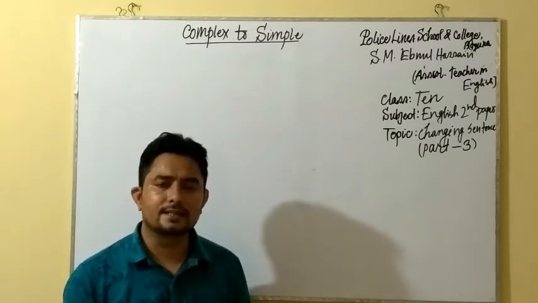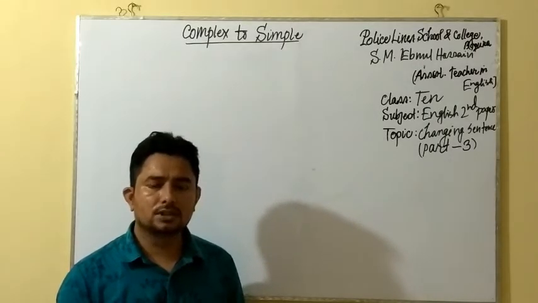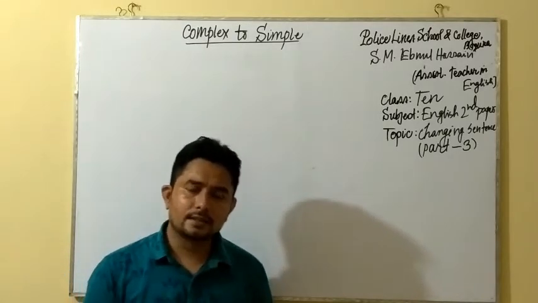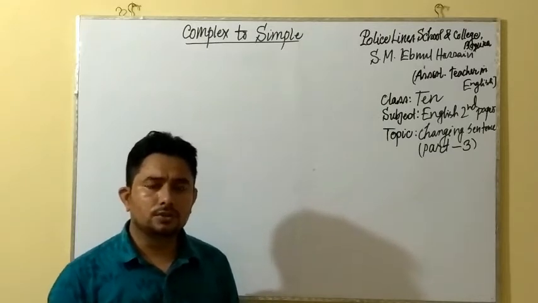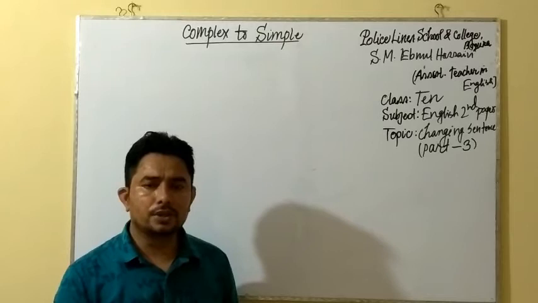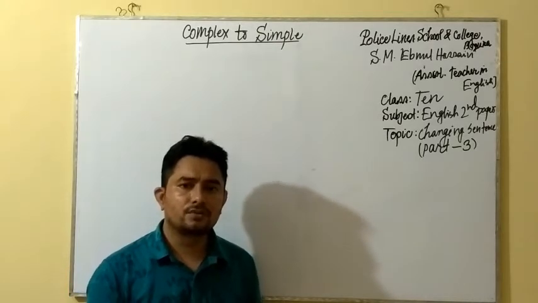So let's get started. Now we are going to learn some rules of changing complex sentences to simple sentences. In today's class, we are going to learn rule number 5.